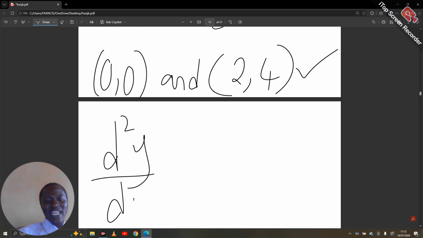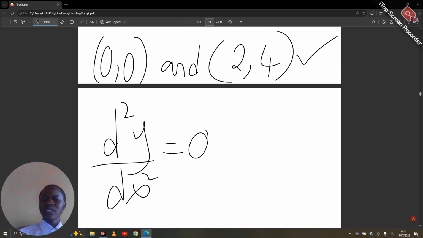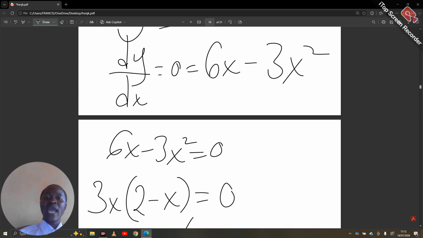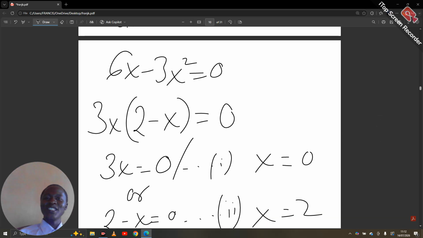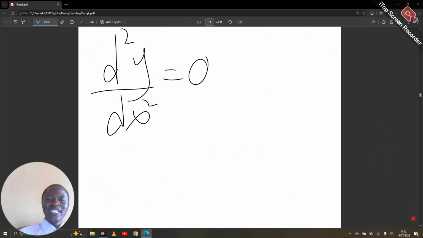d squared y over dx squared. What are we differentiating the second time? It is what we had first differentiated. After differentiating 3x squared minus x cubed, we got 6x minus 3x squared.